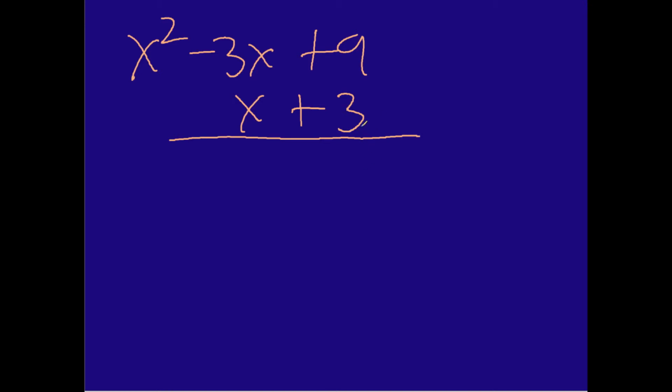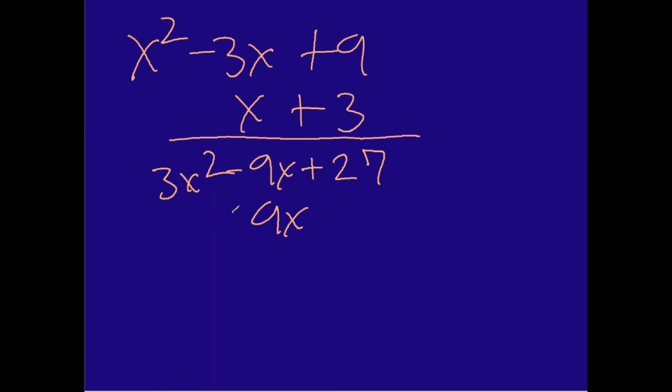So 3 times 9 is 27. 3 times negative 3x is going to be minus 9x, and 3 times x squared is going to be 3x squared. Move down, x times 9 is going to be positive 9x. X times negative 3x is going to be minus 3x squared, and then x times x squared is going to be x cubed.